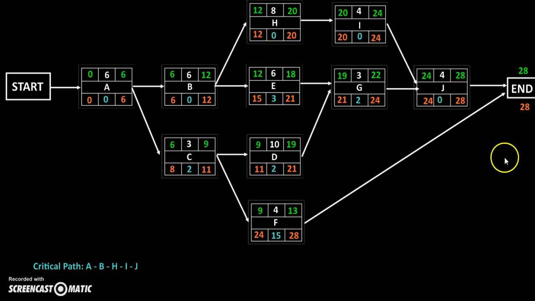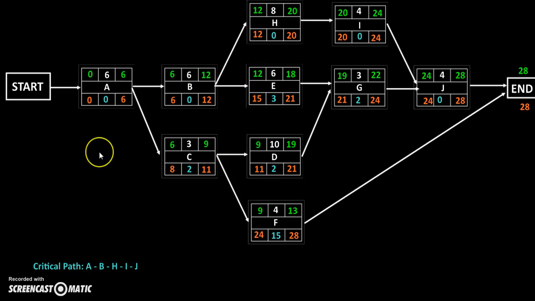But for instance, let's say that the question asks, what is the probability that the project is completed in 27 days? Okay, this 28 is not the be-all and end-all really, because how was this 28 calculated?